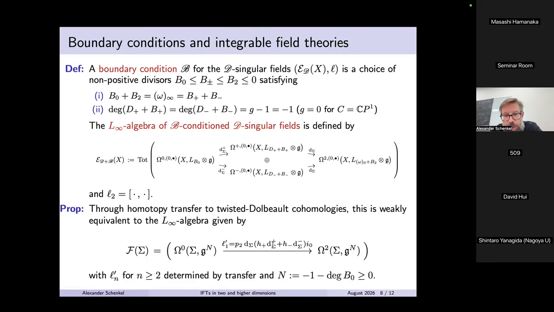The complex becomes shorter, so it just lives in degree 1 and 2. In degree 1, we have zero forms on spacetime valued in some power of the Lie algebra, g to the power n. This n is some number which is related to the degrees of the boundary condition. Here you have two forms on sigma with values in the same g to the n, and the differential here.